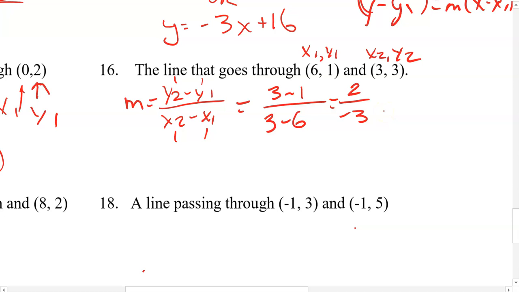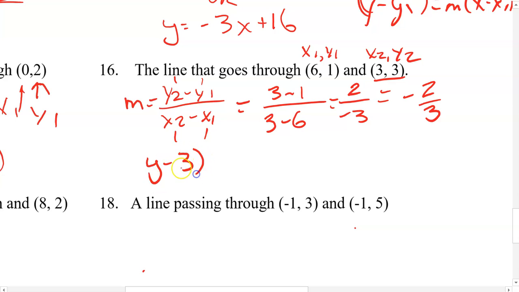Positive divided by a negative, or a negative divided by a positive, the whole thing is negative. Negative 2/3. Now you have a choice. You can pick one of the points and just write this in point slope form, or you can then distribute through and put it into slope intercept form. I'll do it the easy way.